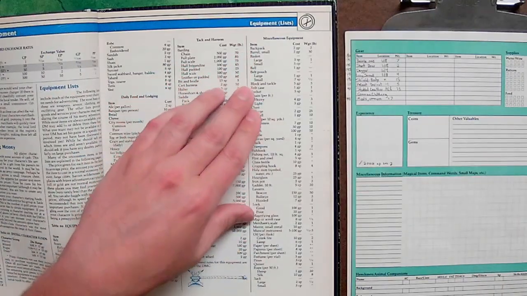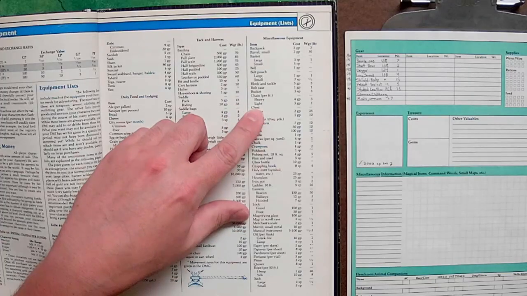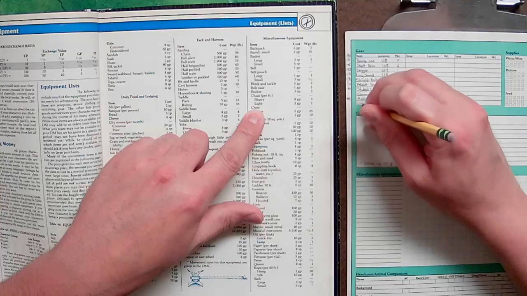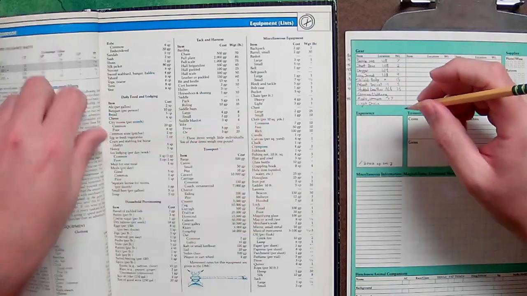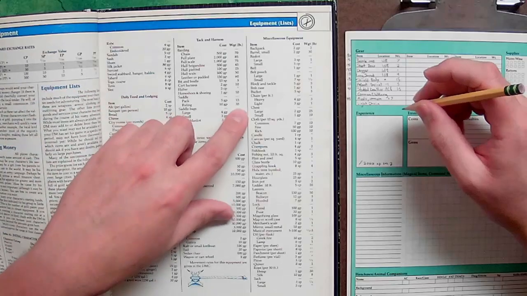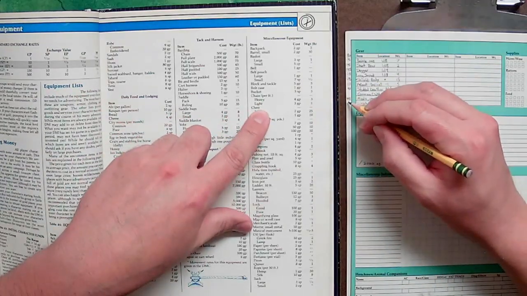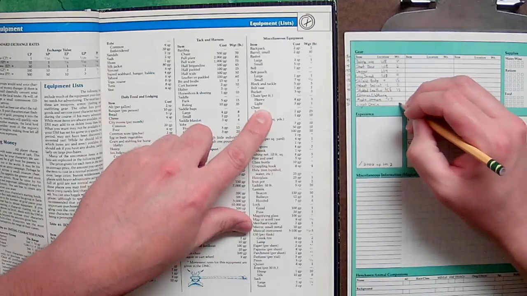All right, now we need some adventuring gear. We have a light chain. Let's do that. Light chain. The meals don't have any weight on it. All right, so we have 3 gold pieces for this. That's 85. That will do a weight of 1.